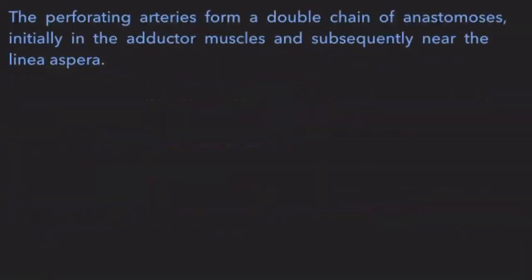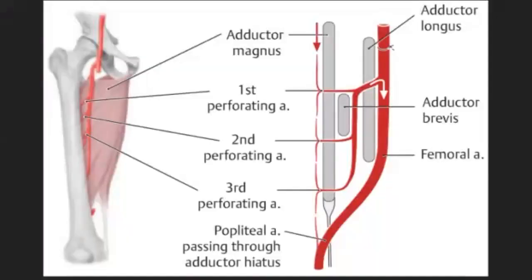The perforating arteries form a double chain of anastomosis, initially in the adductor muscles, subsequently near the linea aspera. We will see that. You see, this is the schematic diagram here. This is adductor magnus, how these are perforating and coming to the posterior aspect.